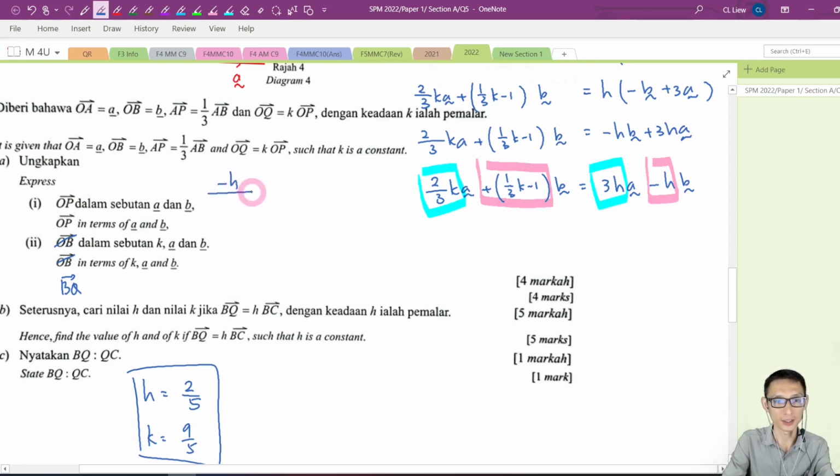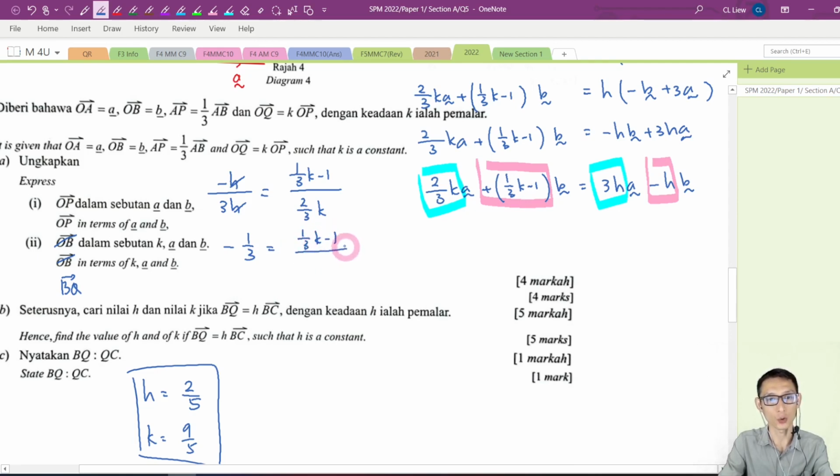Negative H divided by 3H is equal to this one, 1 over 3K minus 1 divided by 2 over 3K. And the H will actually cancel out. So you will get negative 1 over 3 is equal to 1 over 3K minus 1 over 2 over 3K.